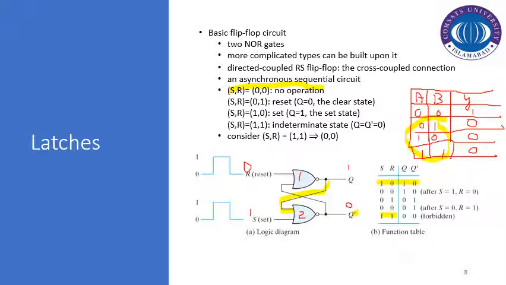This 0 is fed back here to see what should be the status of Q. R was 0 and this feedback path produces 0, so with 0 and 0, this 1 is produced. So the latch is already in a set state, so there is no change. The latch is considered to be in set state.